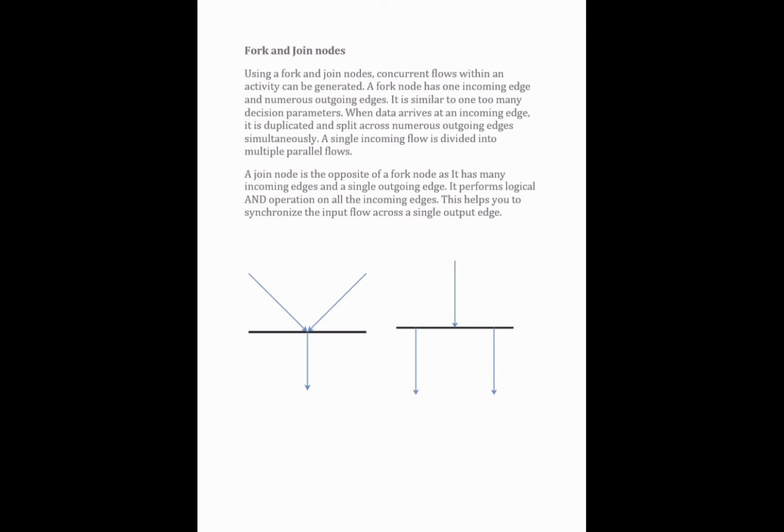Using fork and join nodes, concurrent flows within an activity can be generated. A fork node has one incoming edge and numerous outgoing edges. It is similar to a one-to-many decision parameter. When data arrives at an incoming edge, it is duplicated and split across numerous outgoing edges.